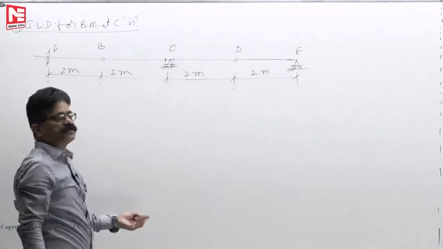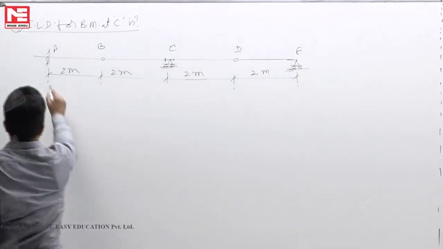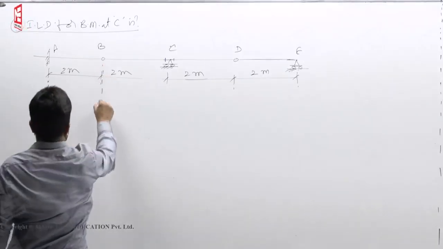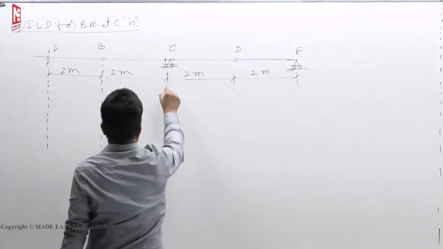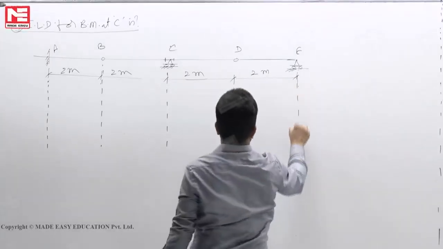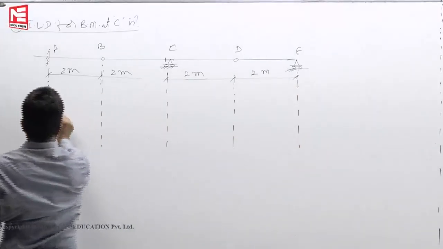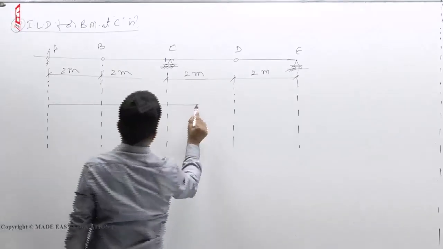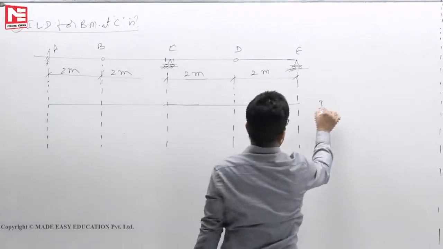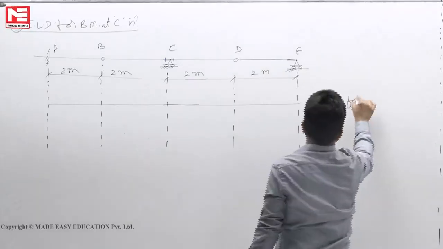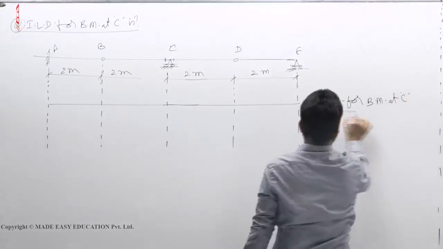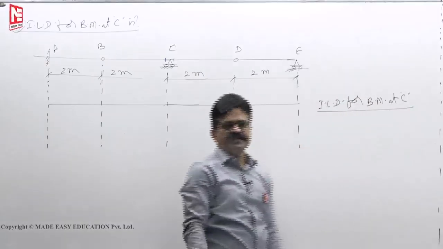For that, first we should know how to build it. Now this is ILD for bending moment at C. What is the process?